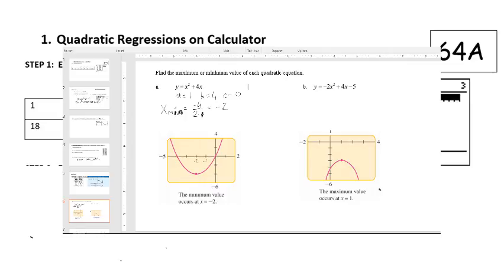To find the y coordinate, I will do y min. It is equal to, I will just substitute the x value back in the equation, negative 2 squared plus 4 times negative 2. Negative 2 squared is positive 4, and minus 8, that's equal to negative 4.